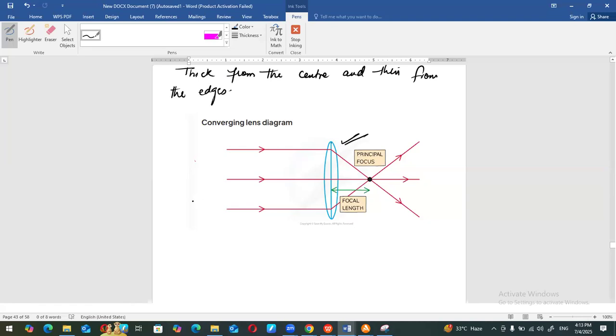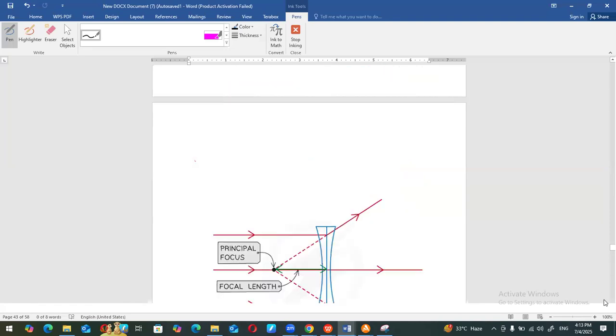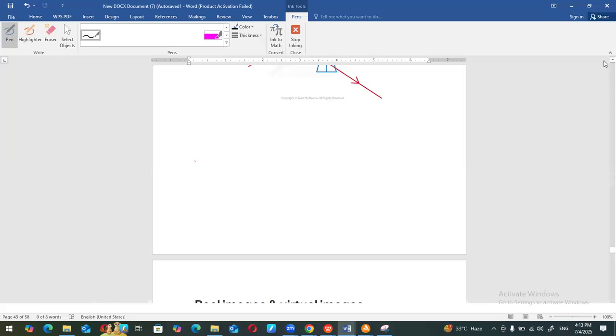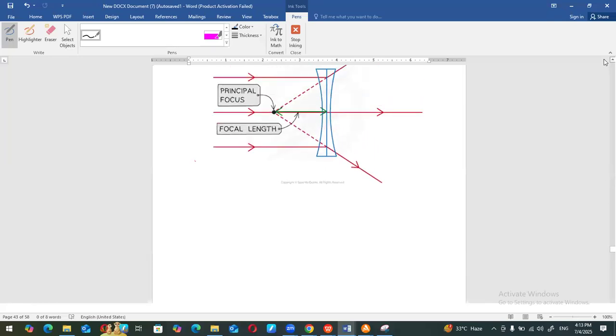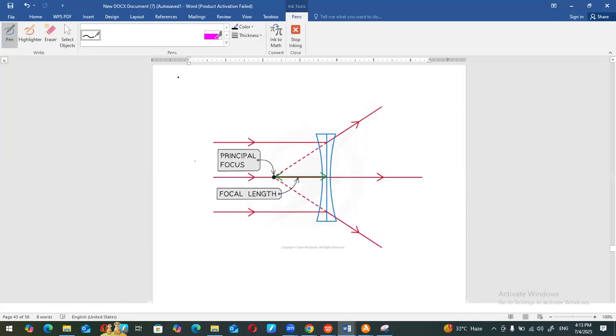Right? And then there is a second kind of lens as well. This is the reverse of that. You can see that it is thick from the edges.